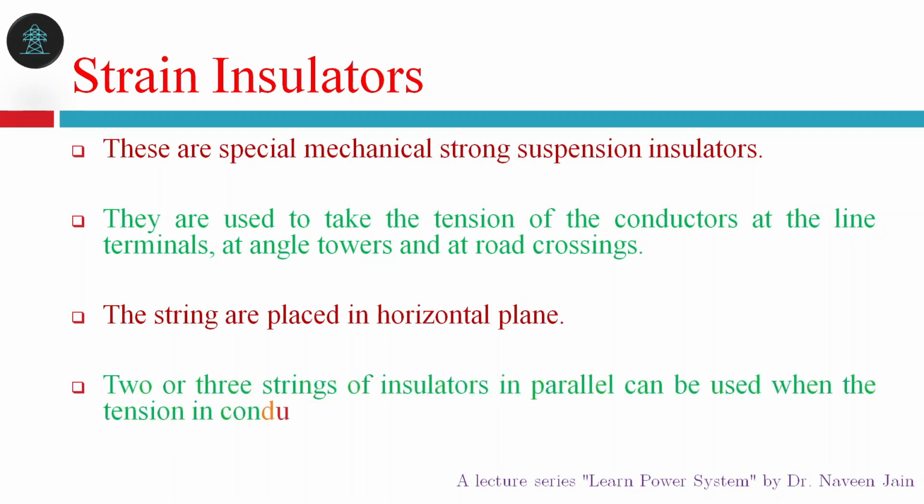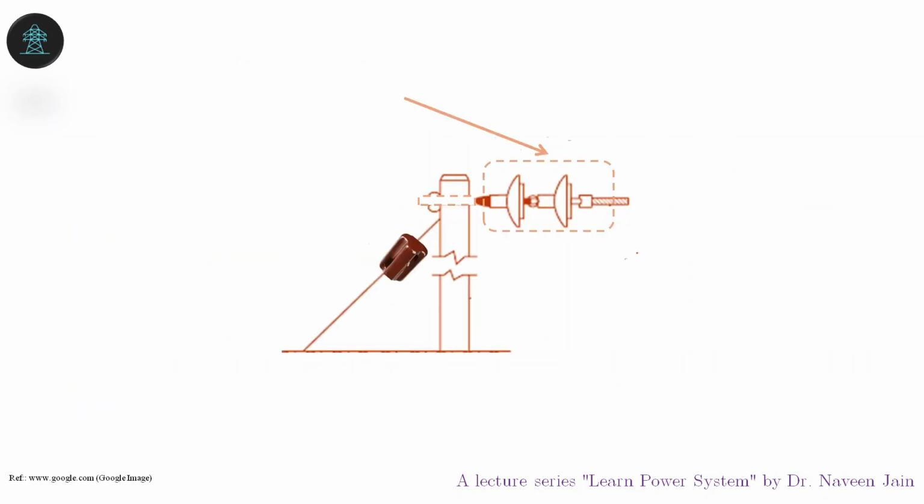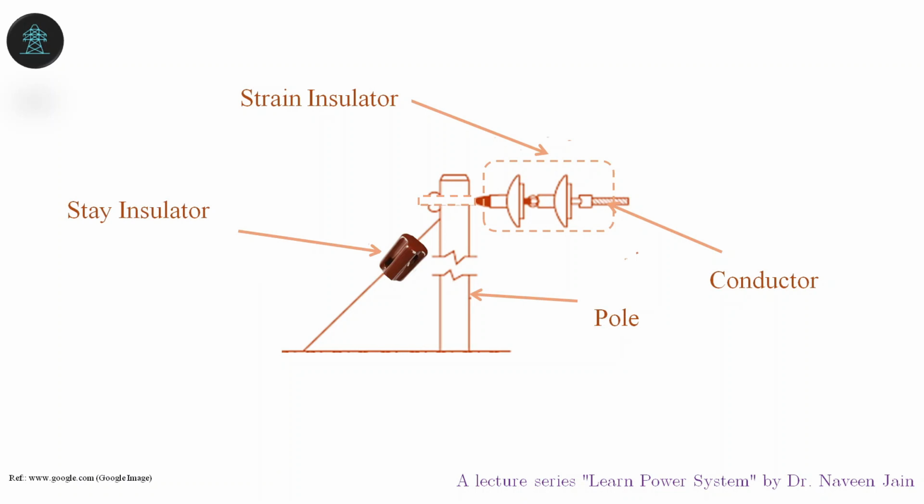Two or three strings of insulators in parallel can be used when the tension in the conductor is very high. This arrangement is showing the strain insulators. I think you can understand this diagram. In this diagram, you can clearly notice disc insulators are placed in the horizontal plane.